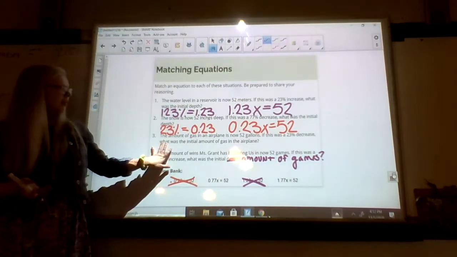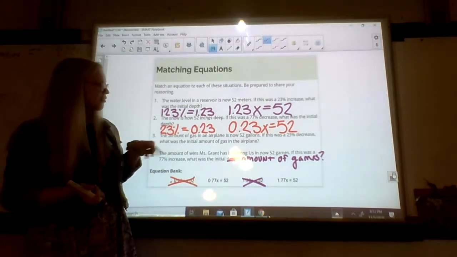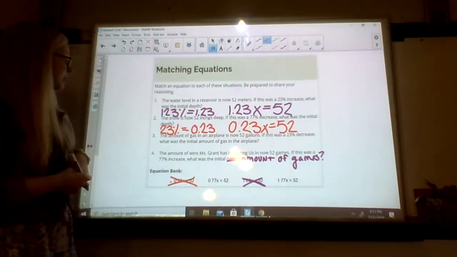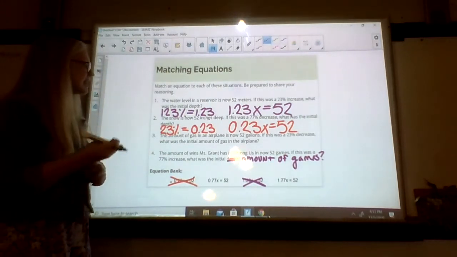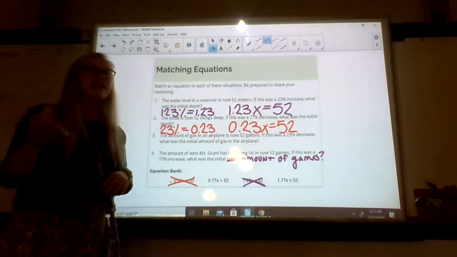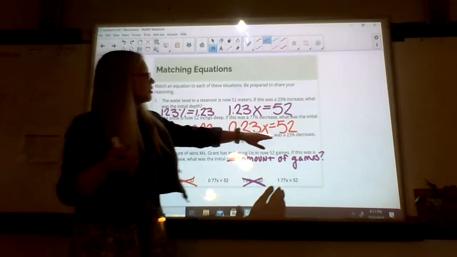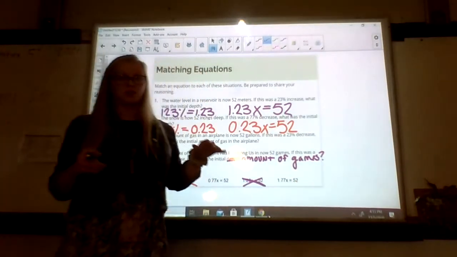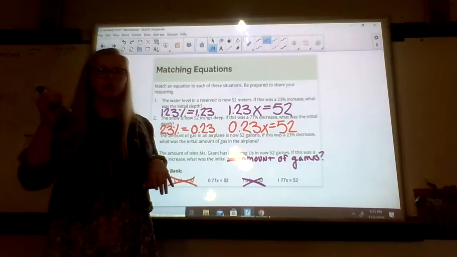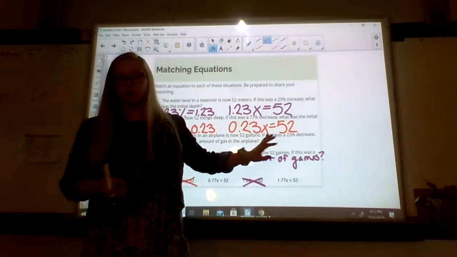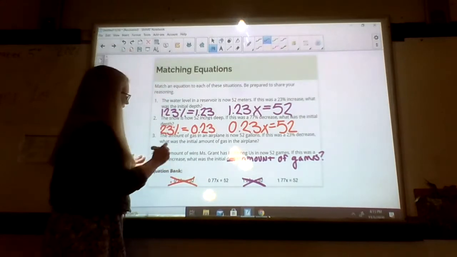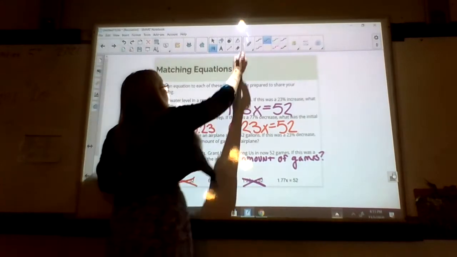Problem 3. The amount of gas in an airplane is now 52 gallons. If this was a 23% decrease, what was the initial amount of gas in the airplane? So this is a 23% decrease. So just like here, I'm going to subtract 100 minus now our 23%. When I subtract those, I actually get 77%. Ooh, different color.